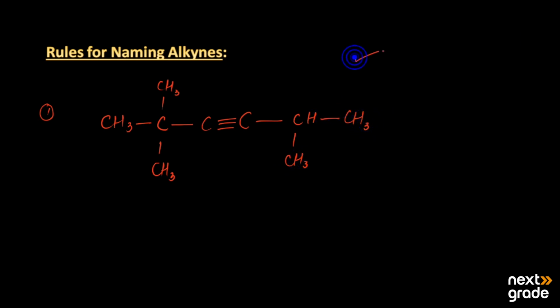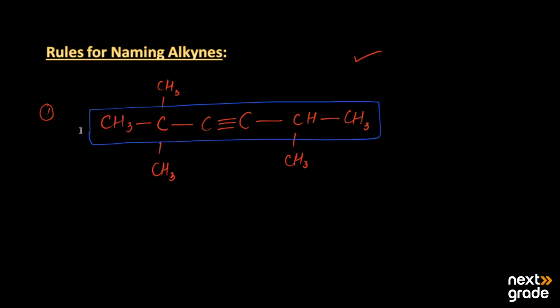Now how will we be able to name that compound? You have to look for the longest chain that has the triple bond. So this is the longest chain having the triple bond. Now we will start the numbering from where the carbon atom gets the lowest number. If I start from this side, then the carbon atom having the triple bond will get the number 3. And if I start from the other side, the carbon atom having the triple bond will also have the number 3.